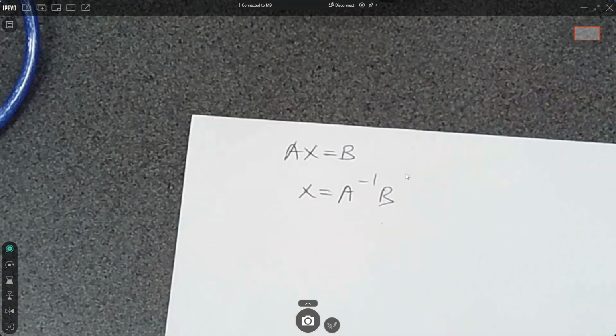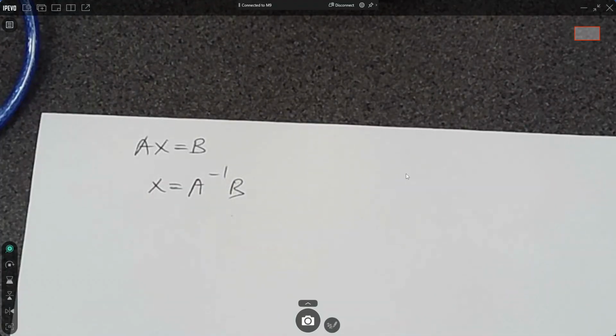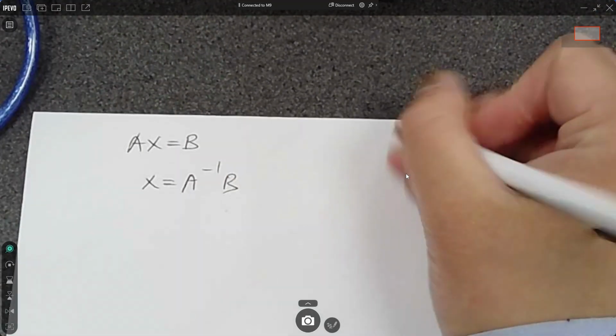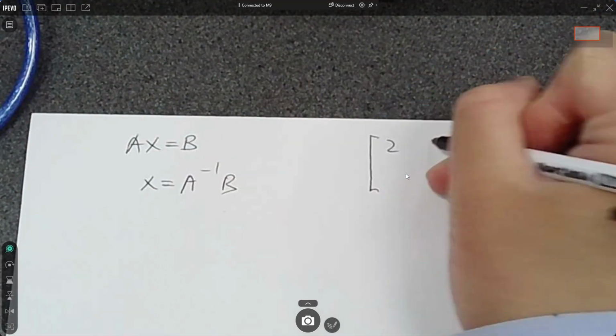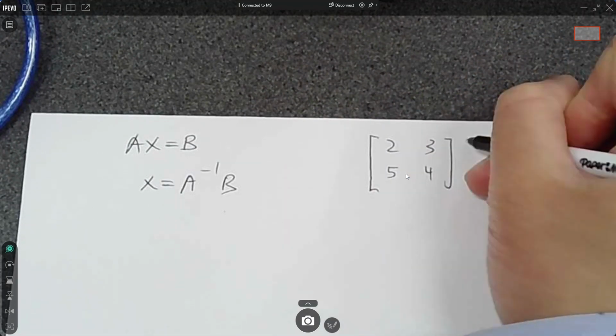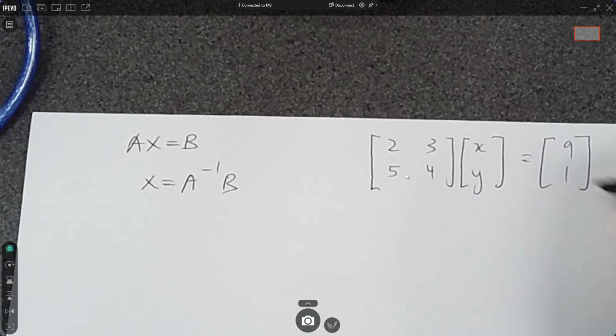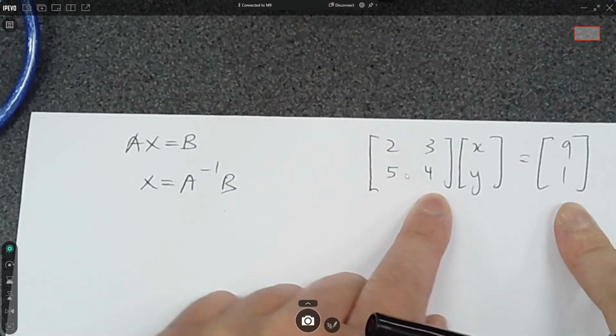Okay, so this is where we were just now. So I'll write out the matrices as well, just to make it really clear. So remember, we were trying to solve this system.